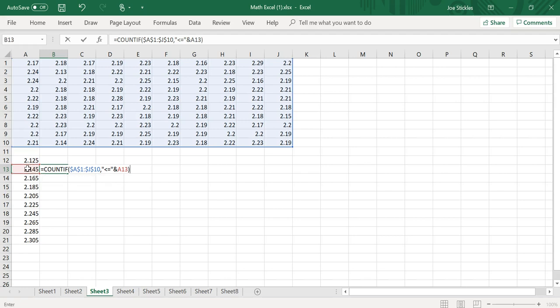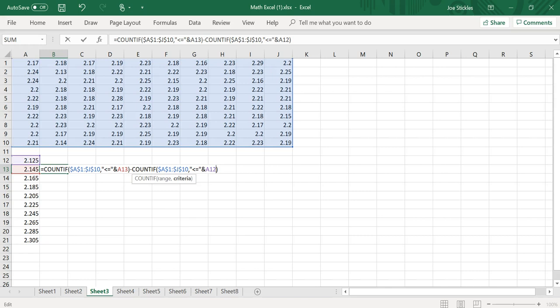And just so that I don't have to retype it for the next one. There shouldn't be anything in the data up there less than 2.125. If there was, that's a badly written problem. So I'm going to go ahead and just put the minus part in there now so I can just copy it down.